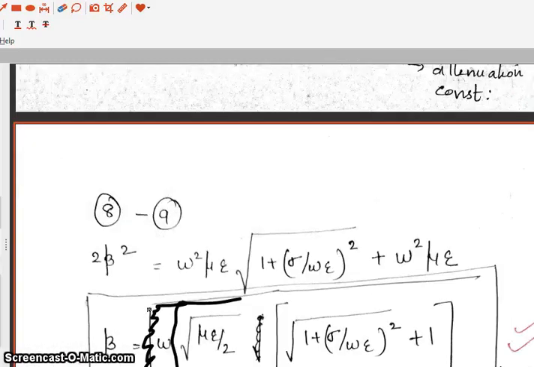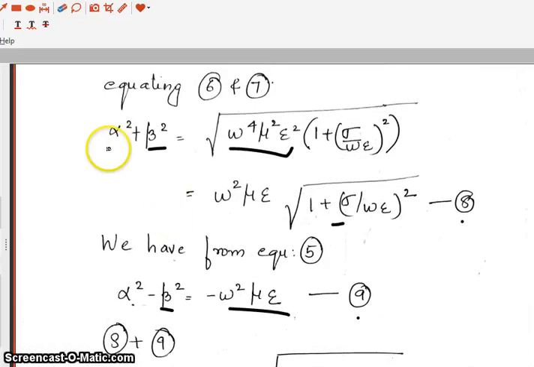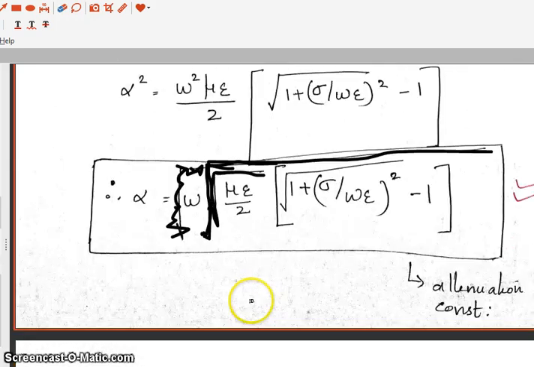Similarly, next I am going to take the difference of 8 and 9. When I take the difference of 8 and 9, this alpha square will get cancelled and I will get 2 beta square is equal to omega square mu epsilon into the square root of 1 plus sigma by omega epsilon the whole square plus omega square mu epsilon.